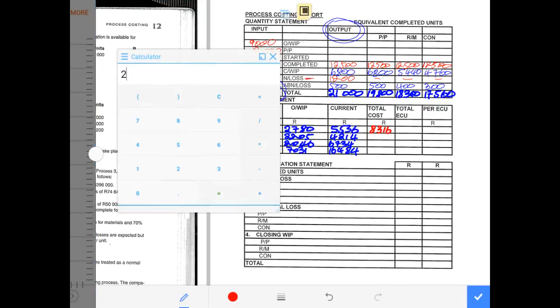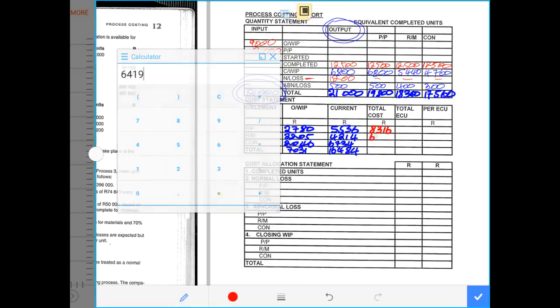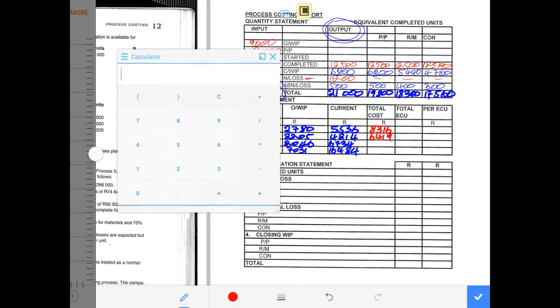Second one is 2,205 plus 4,214, 6,419. 6,419 rands.